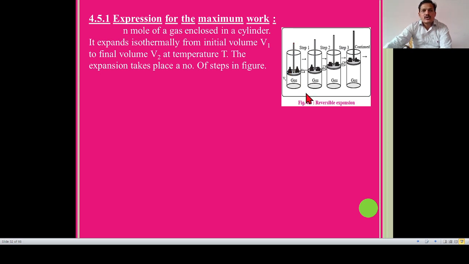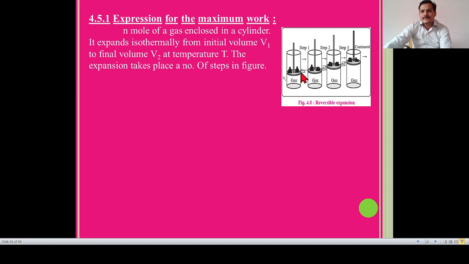The piston is like the pump of a bicycle; the handle is called the piston. It expands isothermally from initial volume V1 to final volume V2 at temperature T. The expansion takes place in an infinite number of steps.